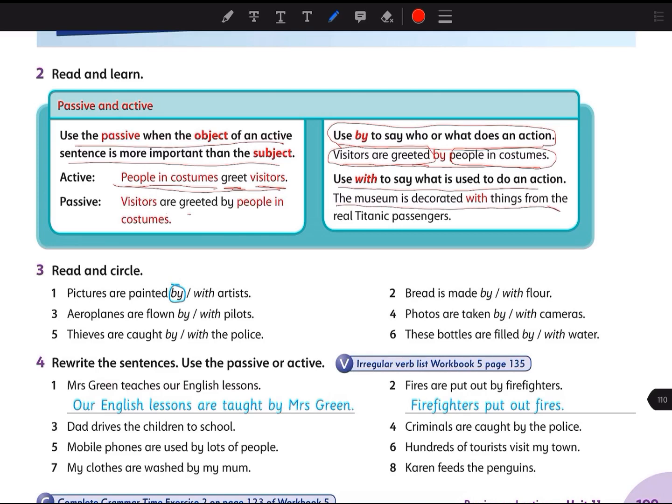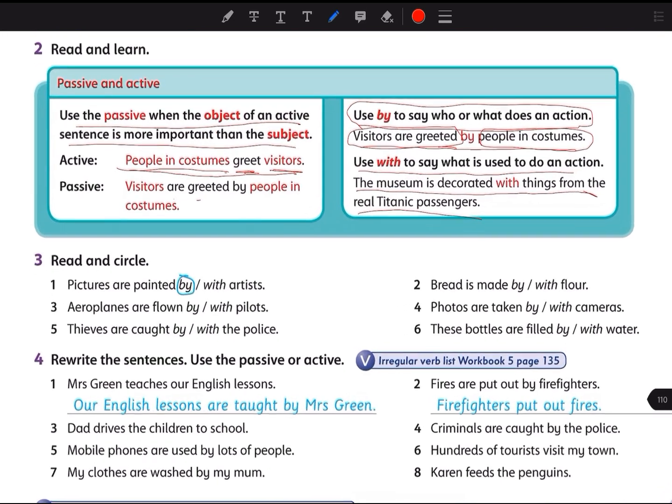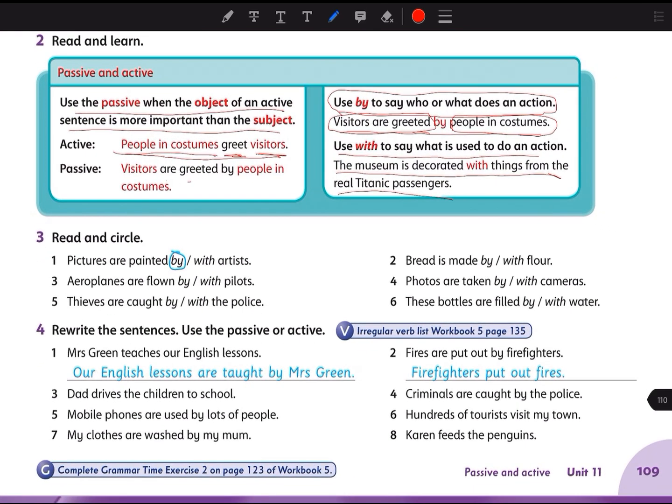Here we have some exercise about the topic. Real pictures are painted by or with artists. Here, as we say, we use by to know who the subject is. We use with to say what's used to do an action. When we use with, it's related to the action.